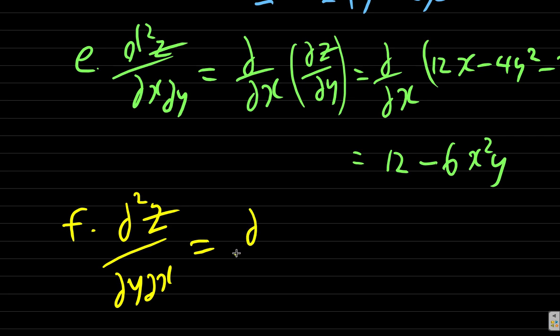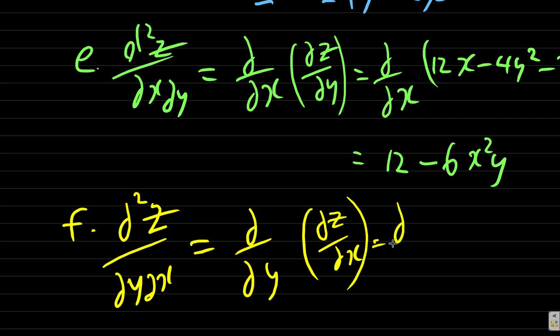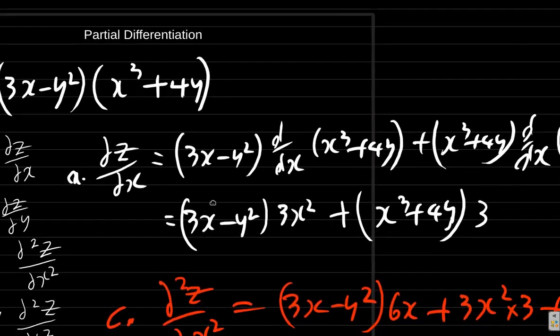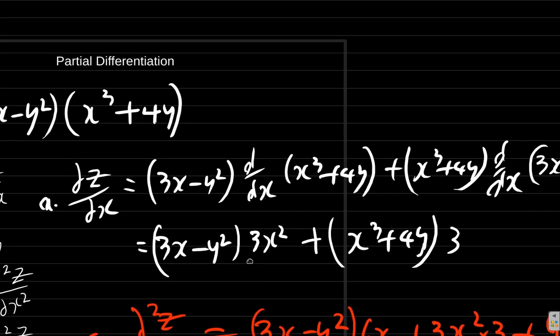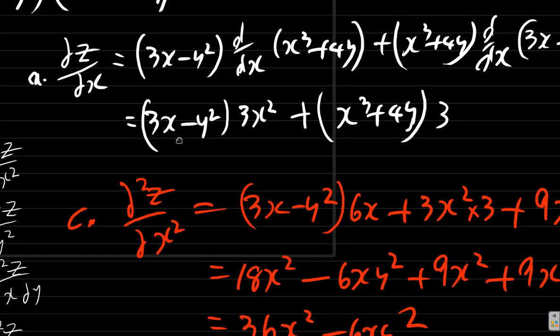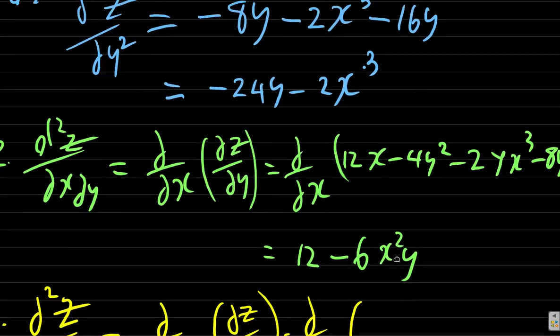It's going to be the partial derivative with respect to y of delta z by delta x, which means the partial derivative with respect to y of, where is delta z by delta x? Delta z by delta x is 3x minus y squared times 3x squared.